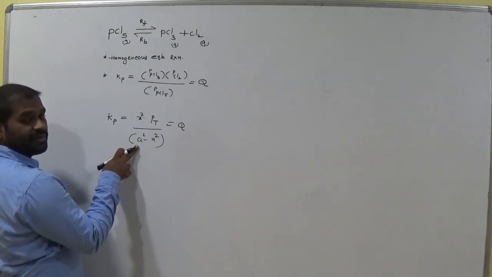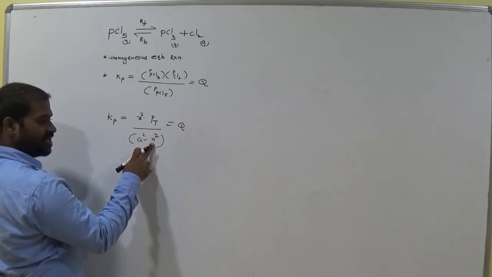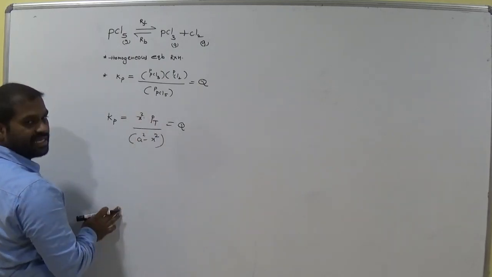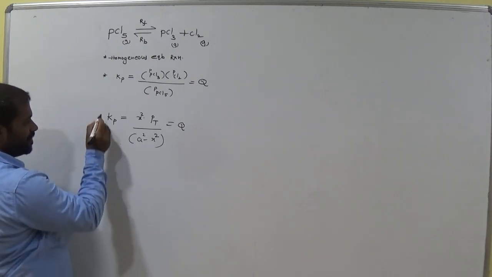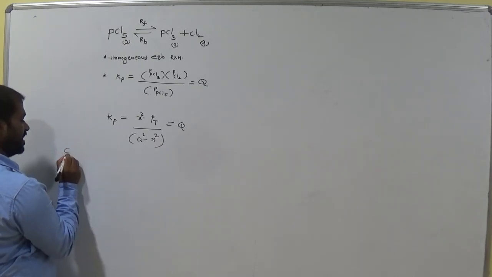A is the initial moles of reactants, and these are the partial pressures of products and the total pressure of the mixture. Is it clear? Okay, so this is an important formula.